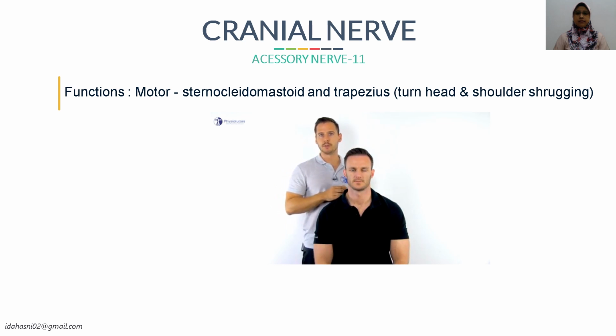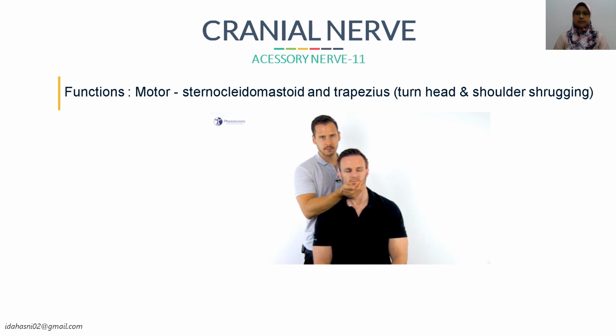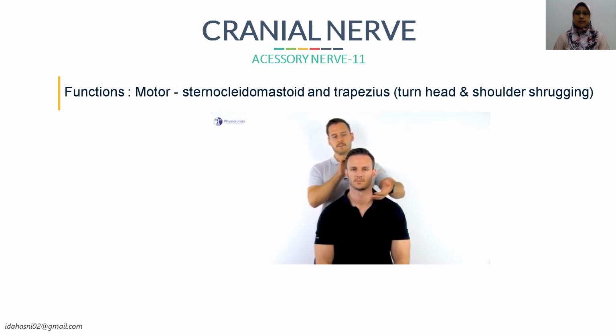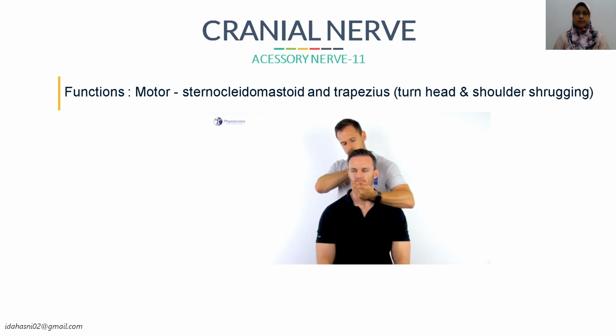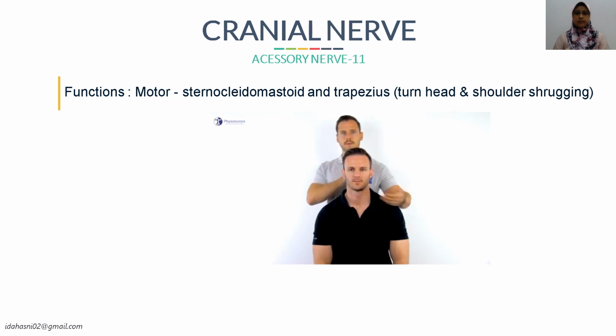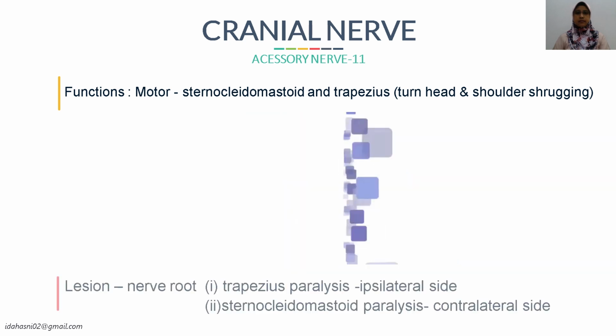For the sternocleidomastoid, ask the patient to rotate the head in both directions against resistance. Lesions to this nerve root will cause trapezius paralysis, mainly on the ipsilateral side, and sternocleidomastoid paralysis on the contralateral side.